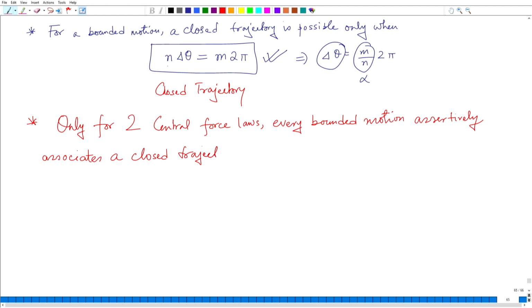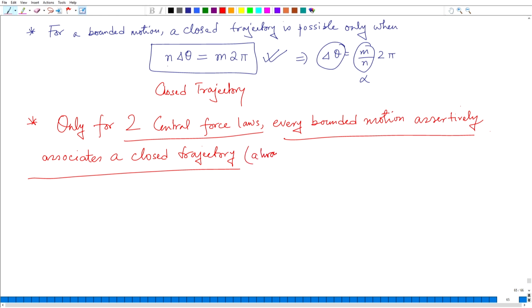You remember, this is the statement. So, only for two central force laws, every bounded motion is always associated with a closed trajectory. That is why I said assertively, associates a closed trajectory always. I am just writing this for your comprehension. And this is known as the super famous Bertrand's theorem.